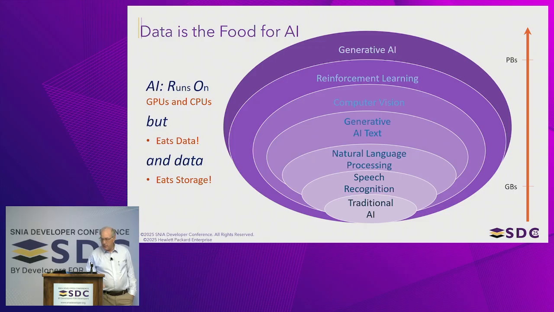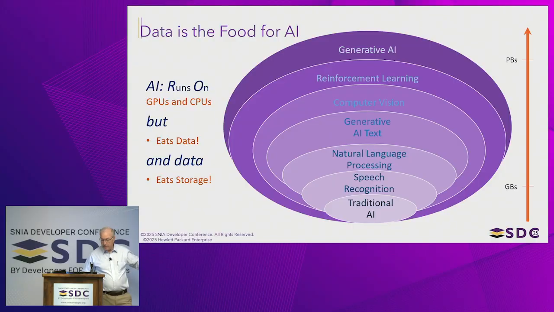So remember that while we talk about CPUs and GPUs and every kind of XPU that you can think of these days as people make accelerated processors, they all run on data. And that data is getting bigger all the time.